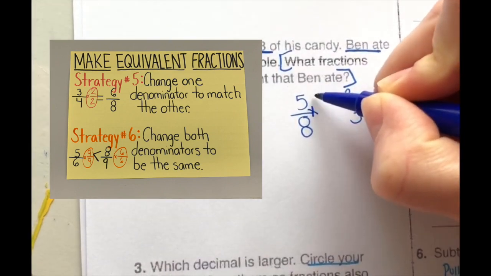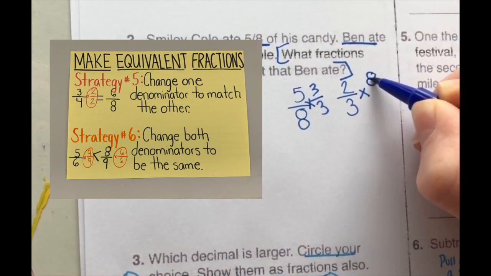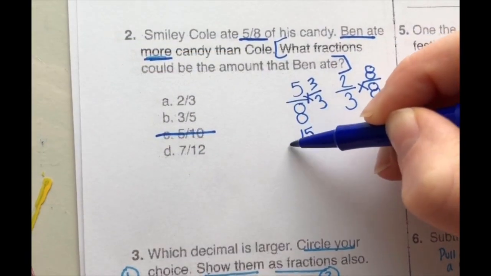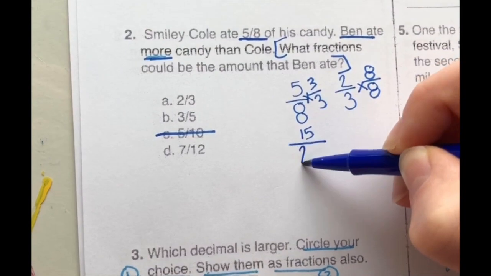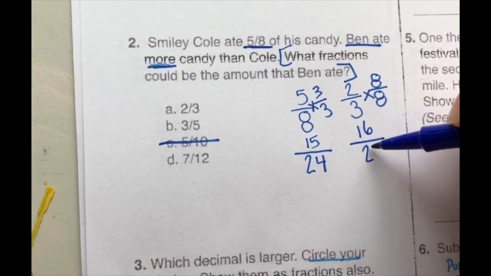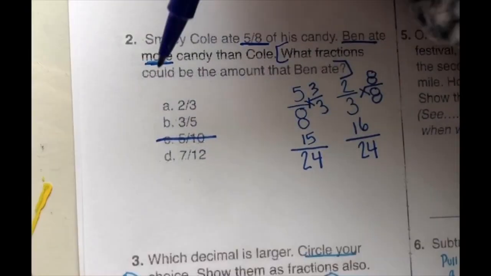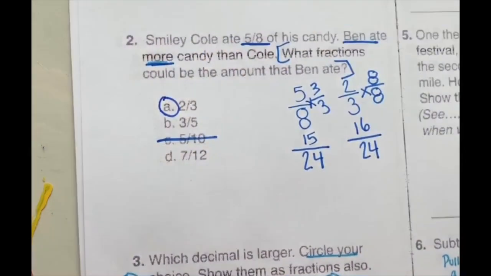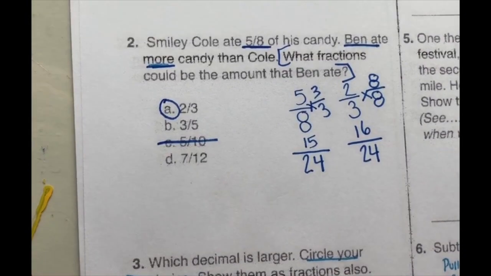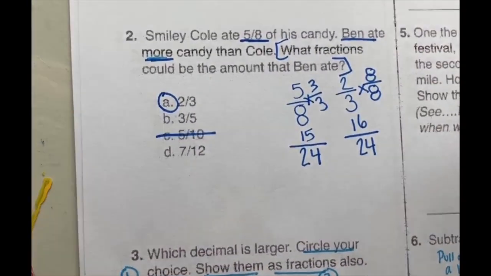For 5/8, we'll multiply by the whole 3/3, and 2/3 we'll multiply by the whole 8/8. So 5 times 3 is 15. 8 times 3 is 24. 2 times 8 we get 16, 24ths. So we see that 2/3 is actually bigger than 5/8. So this could be the amount that Ben ate. You're going to use the same strategy number 6 to figure out if 3/5 and 7/12 are bigger than 5/8.